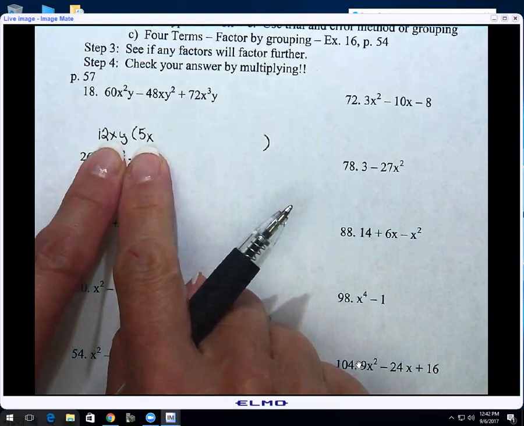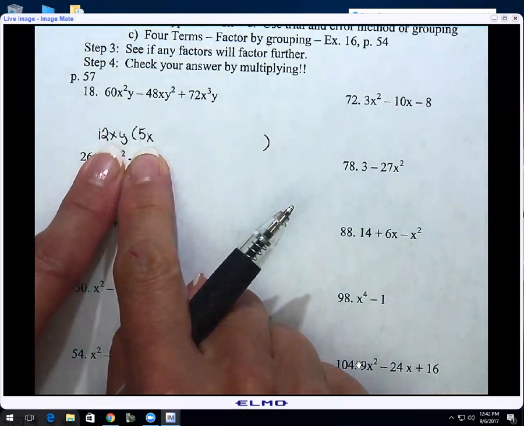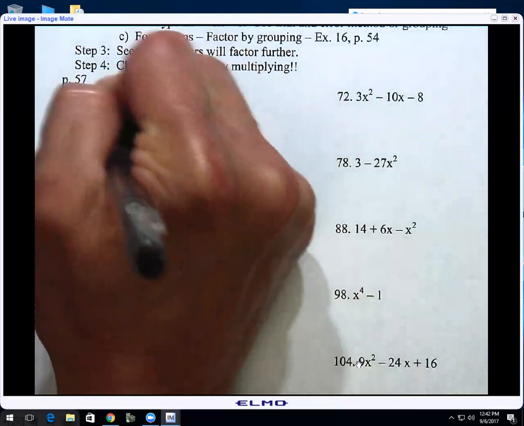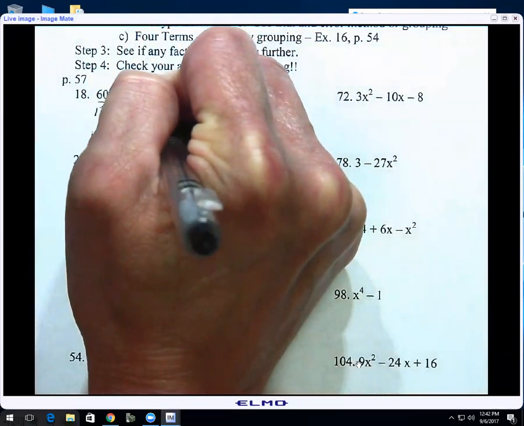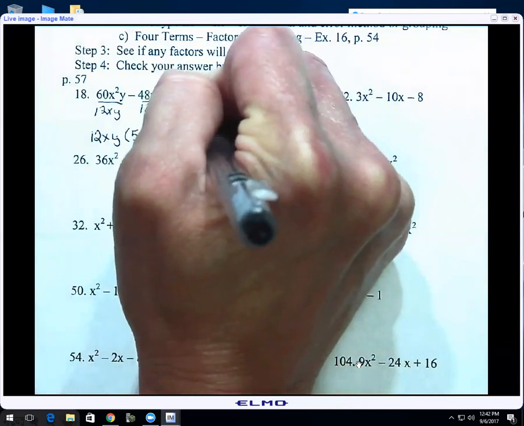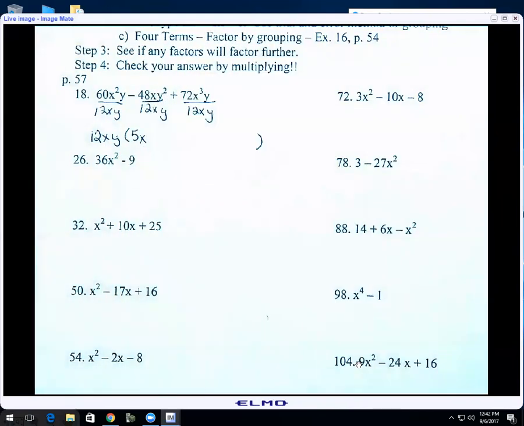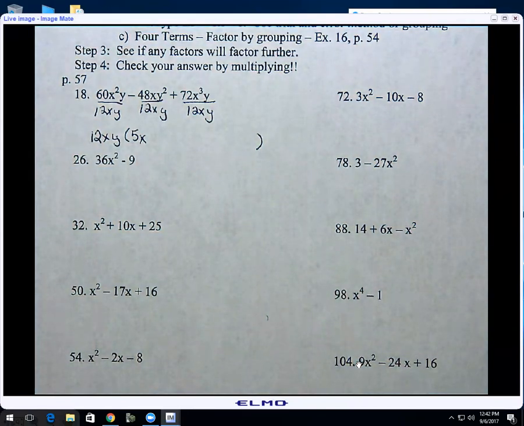But if anybody's thinking, where the heck did she get 5x? All you have to do is divide each term by the GCF, greatest common factor. And that will tell you what's left inside parentheses. The first term reduces to 5x.